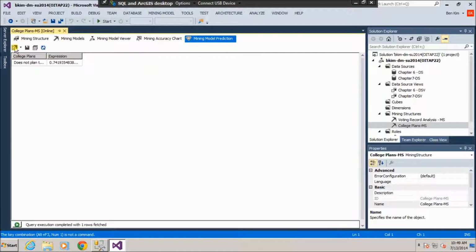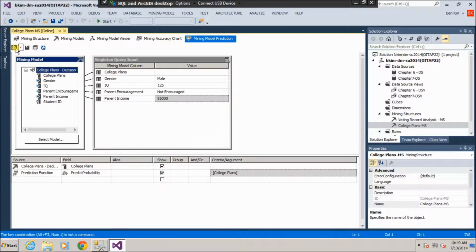So for the input we entered, there is about a 74% probability of this person not planning to go to college. So this is pretty cool. This is consistent with what we saw in the mining models.